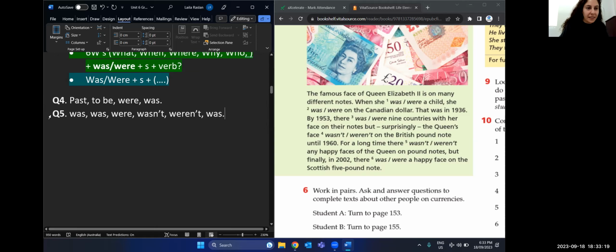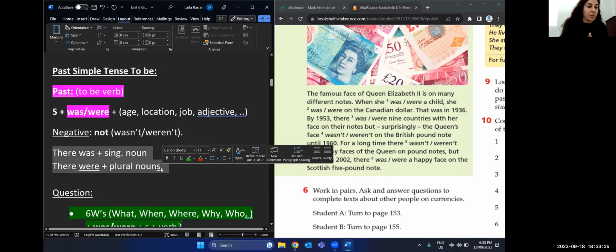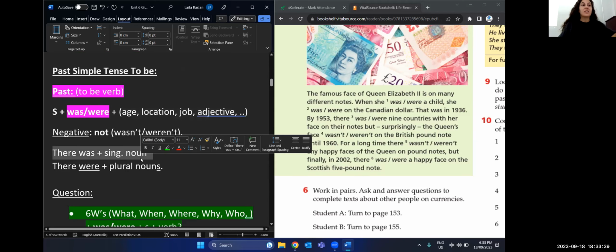Okay, so I'll just go back a bit because I forgot to mention we also use was or were when we talk about nouns. So when we need to talk about age, location, job, or adjective, we add the subject. But when you need to add a noun, you can say there was, if it's a singular noun, like there was a book on the table. Where is it? There was some good news I wanted to tell you, but I forgot.